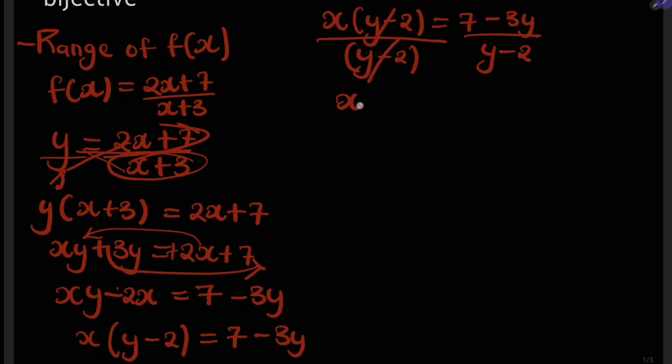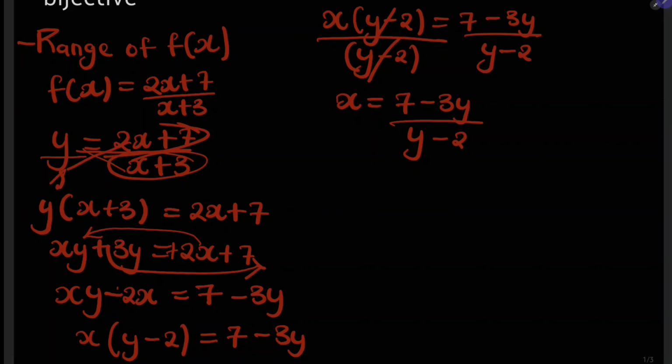So we are going to have x equal to 7 minus 3y, all that over y minus 2. So here we have found x, but this is not yet the range. This is just the inverse. Let me just write it down for further clarification.